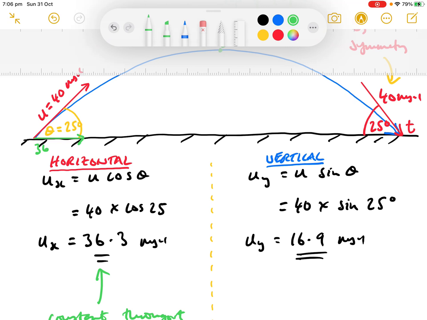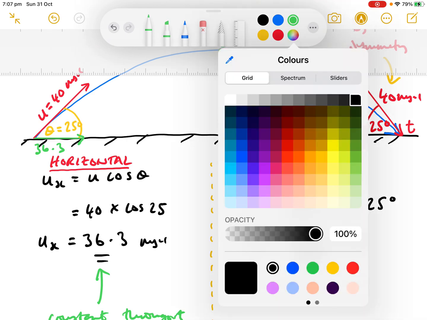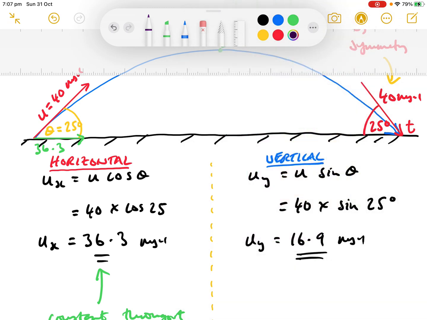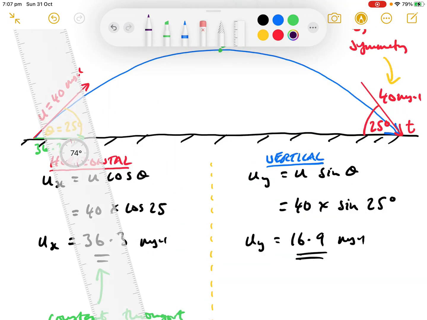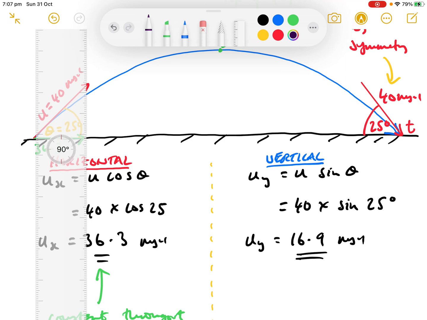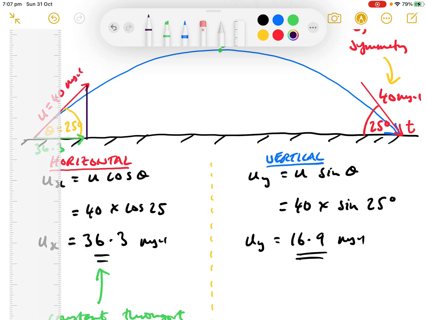That would be our 36.3 meters per second. And our vertical component, let's make it purple, would be that one, so that when you add them tip to tail, that's your 16.9.